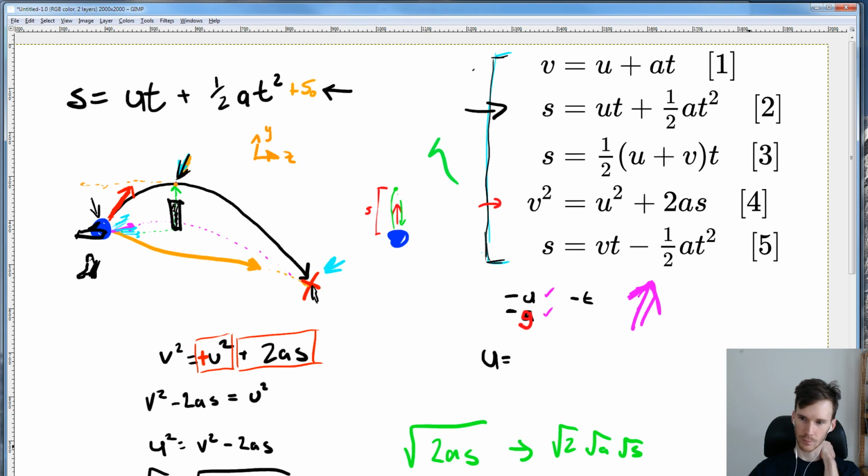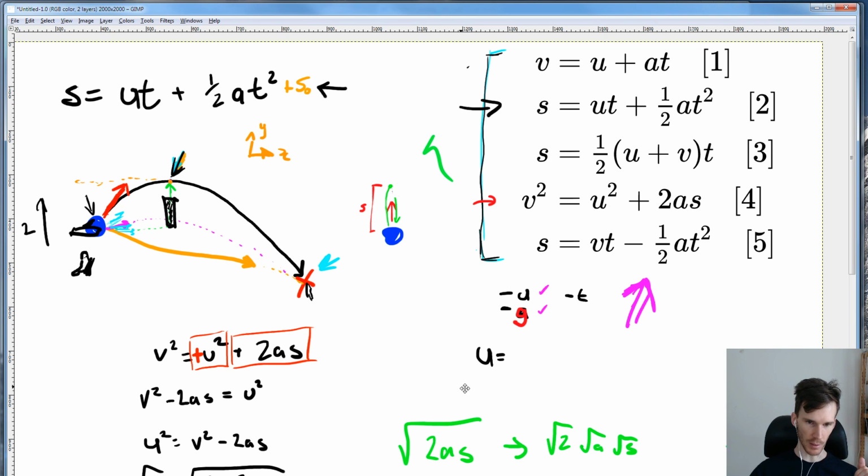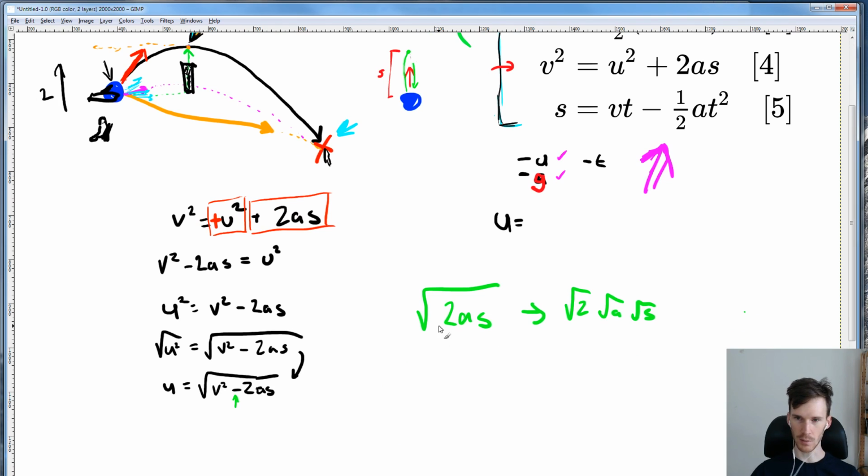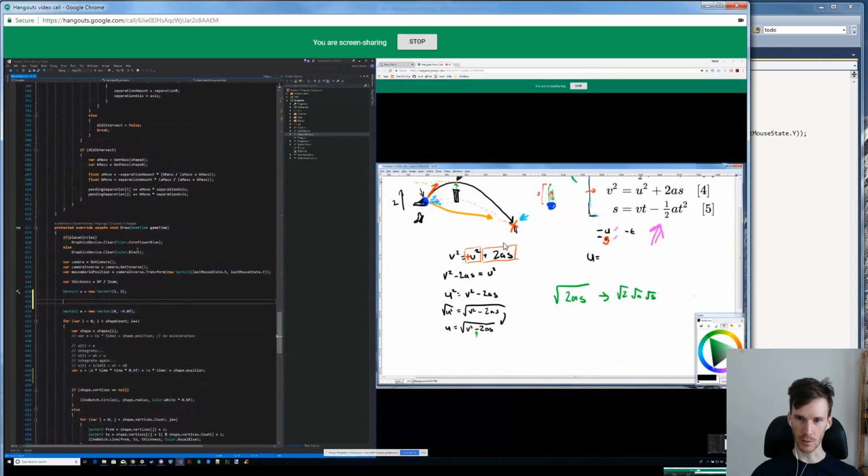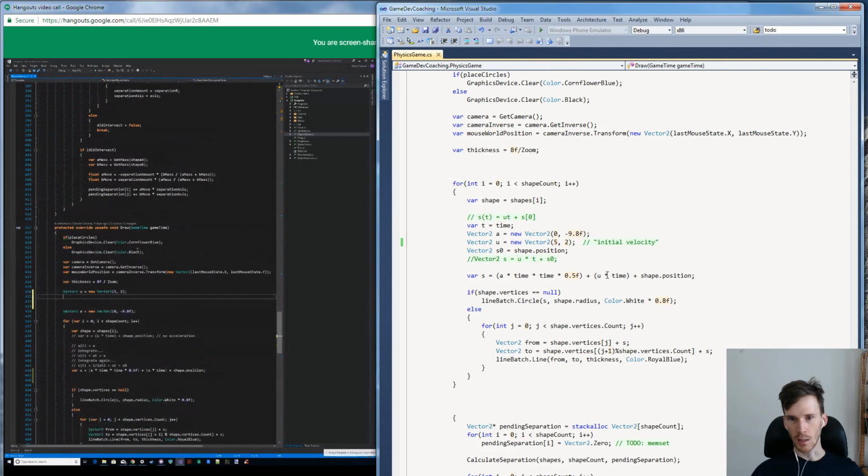That's going to be an arbitrary choice. We'll just say we go up, I don't know, 2 meters. So let's plug this formula in and program this up. I will type that down so we have it for reference.